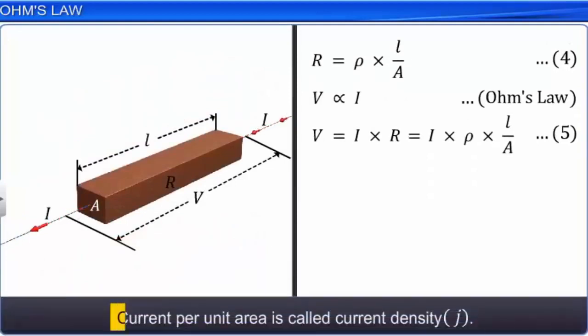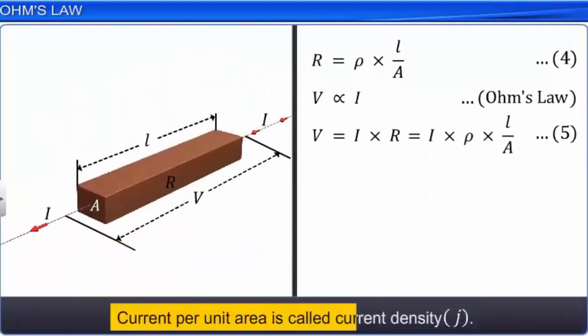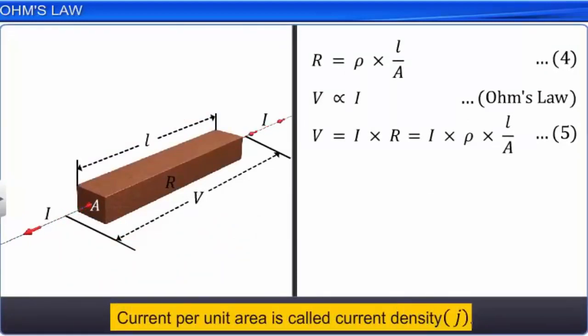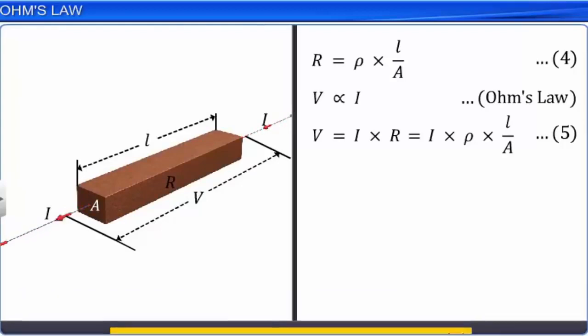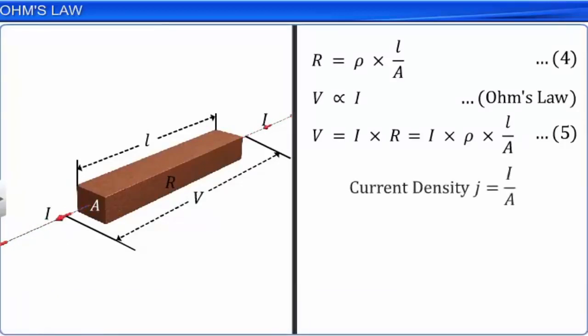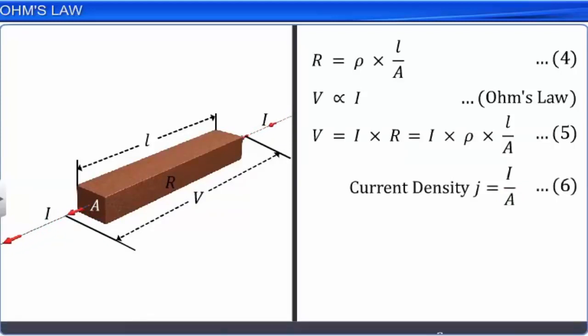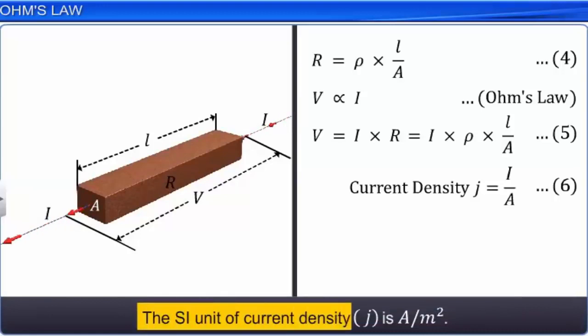Current per unit area is called current density, J. Current density J is expressed as I by A, where area A is normal to the direction of the current I passing through the conductor. Let this be equation 6. The SI unit of current density, J, is ampere per meter square.